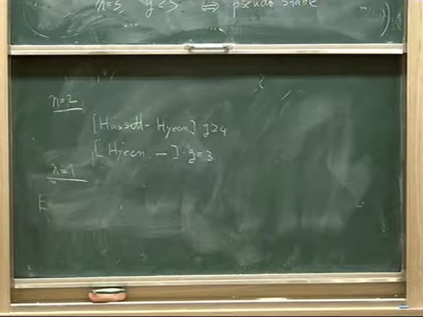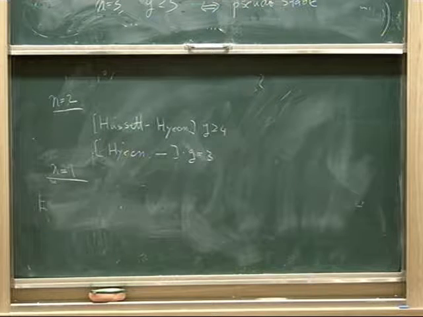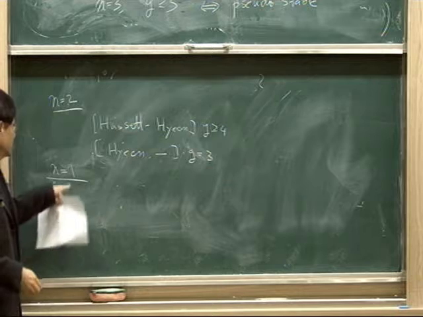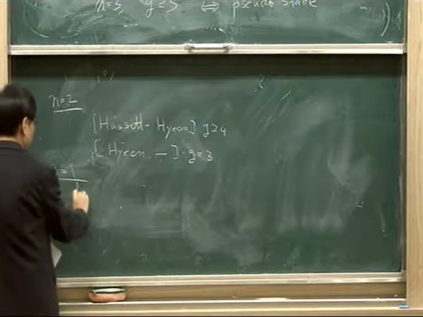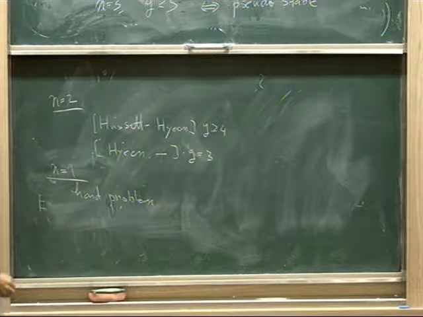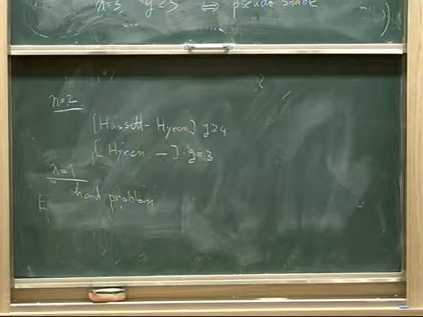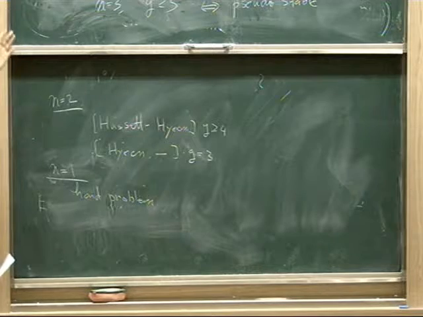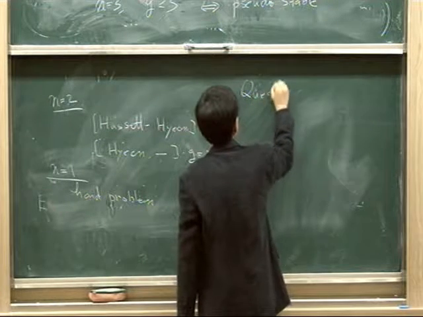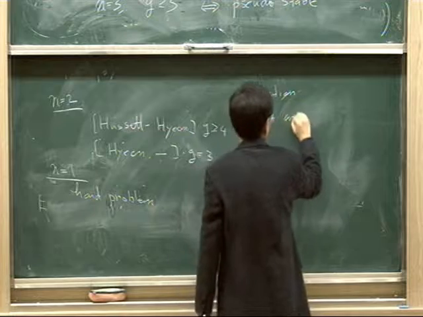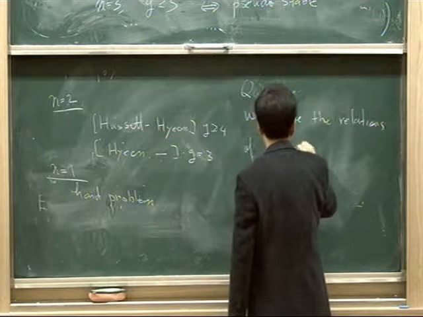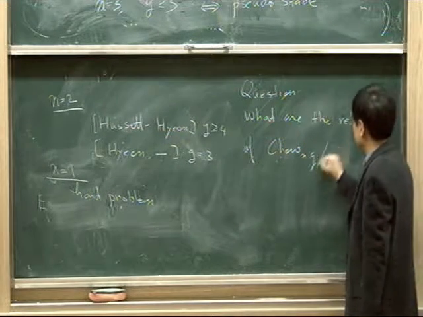Embedding the curve by the canonical bundle, the problem is that hyperelliptic curves change under canonical embedding. So that case is very hard. Now here we consider embeddings with n equals 5, n equals 4, n equals 2, and also n equals 3. Then the question is what are the relations between these Chow and Hilbert GIT quotients of genus g curves embedded by n, by SL?